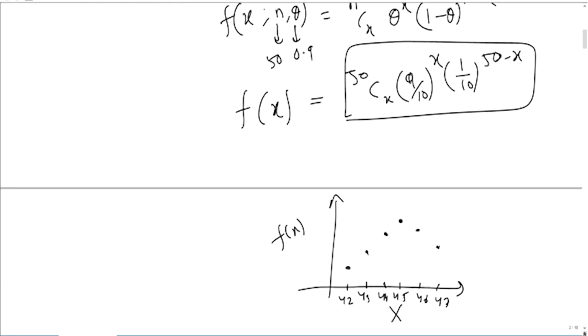It means that although 45 is most likely to be generated by this generative process, these values 44, 43 are also likely to be generated, although less likely than 45, but they are still likely to be generated.